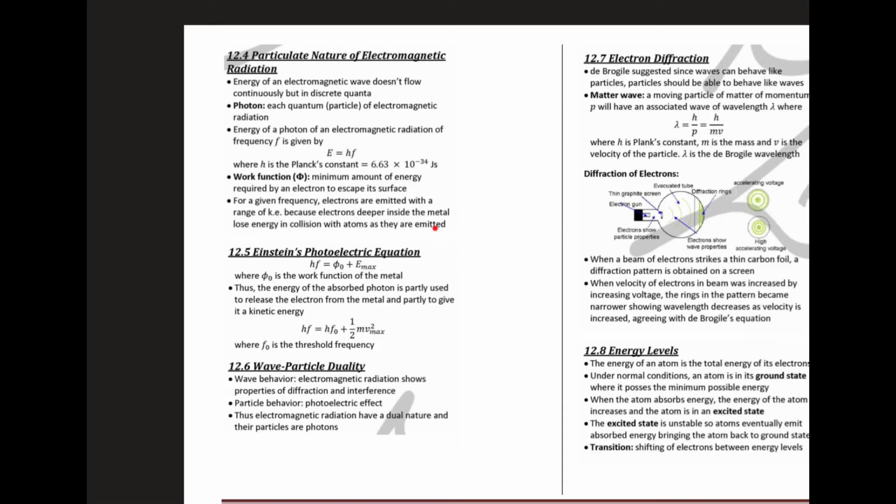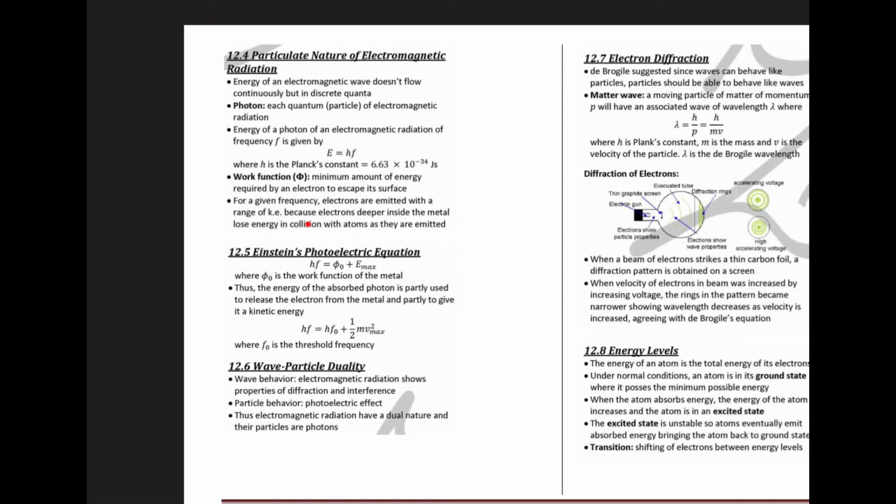Okay, so what they're trying to say here is, you imagine when a UV light with a given frequency shines on the metal, then the electrons get the energy, but some of the electrons are staying lower, not on the surface of the metal, so they are staying at the lower layer.